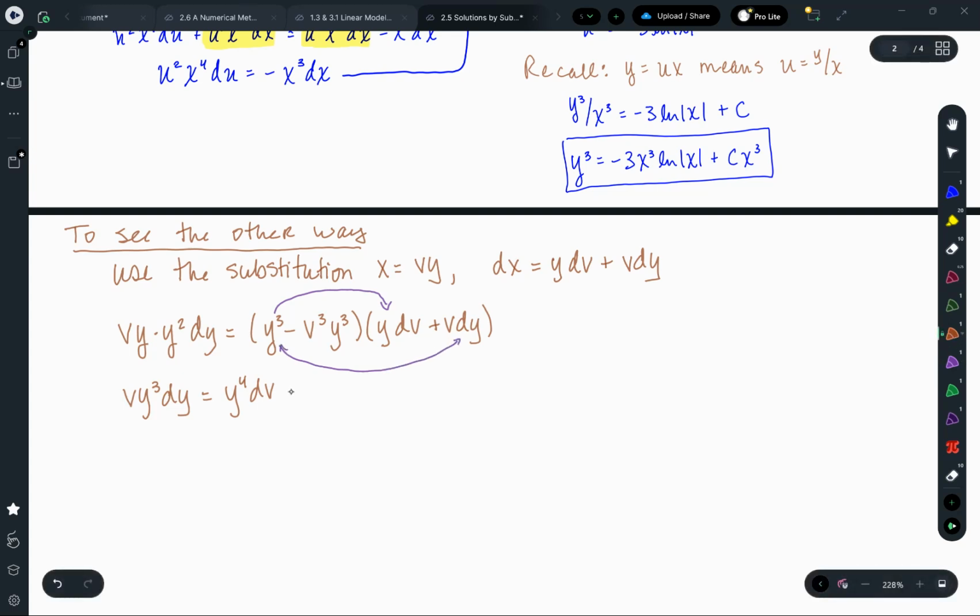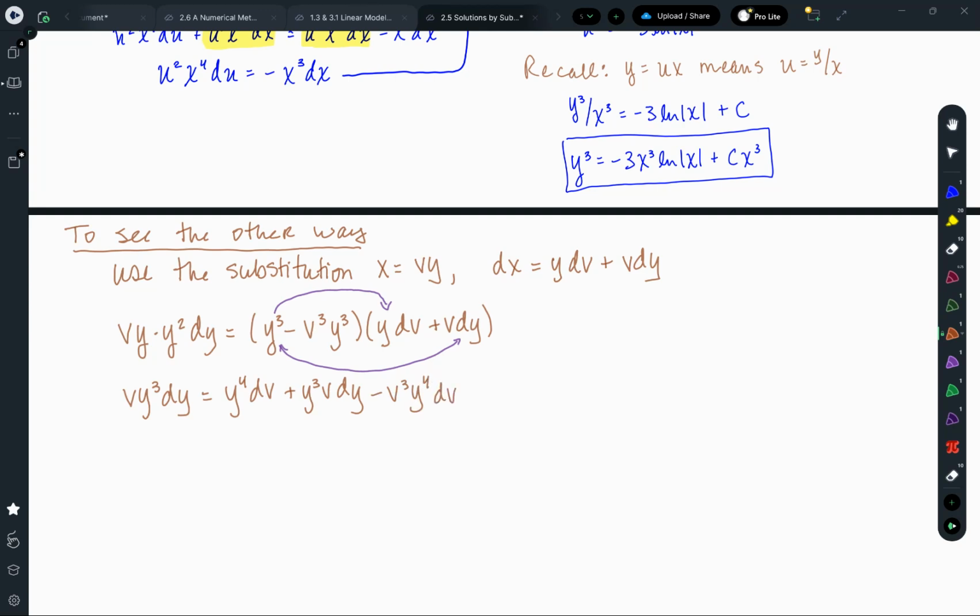And that's going to give me plus y cubed v dy. I'm going to do my inners. So I get a minus v cubed y to the fourth dv. And my lasts gives me minus v to the fourth y cubed dy.